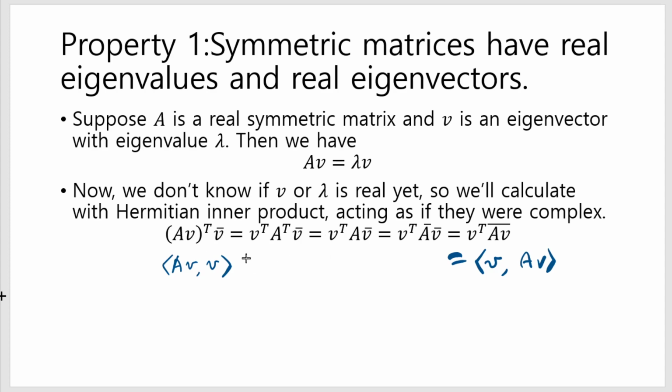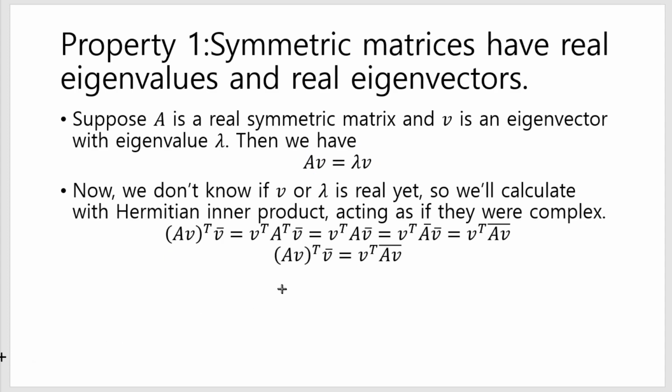This is the proof. And now you use this fact. What do we get? AV is the same as lambda times V, so lambda can come out, right? And here, again, AV is the same as lambda V, but because it's inside the complex conjugate, when you bring it outside, these two are equal, but this side you have the complex conjugate.